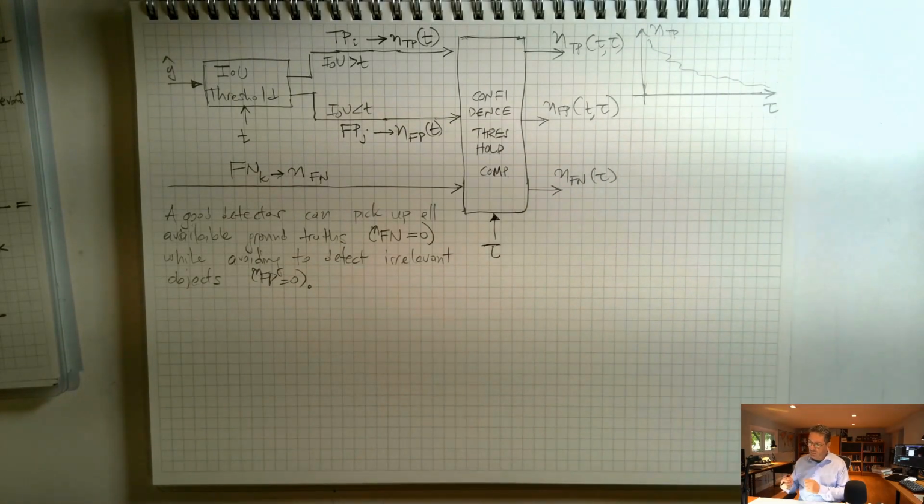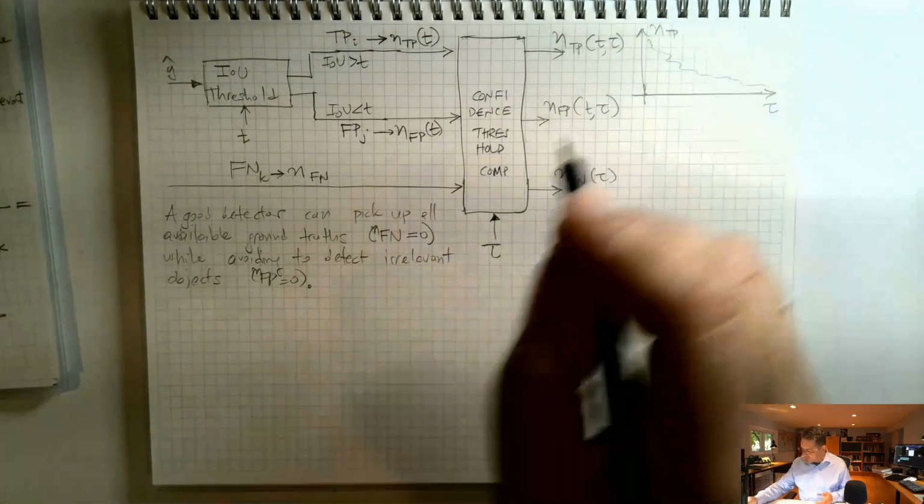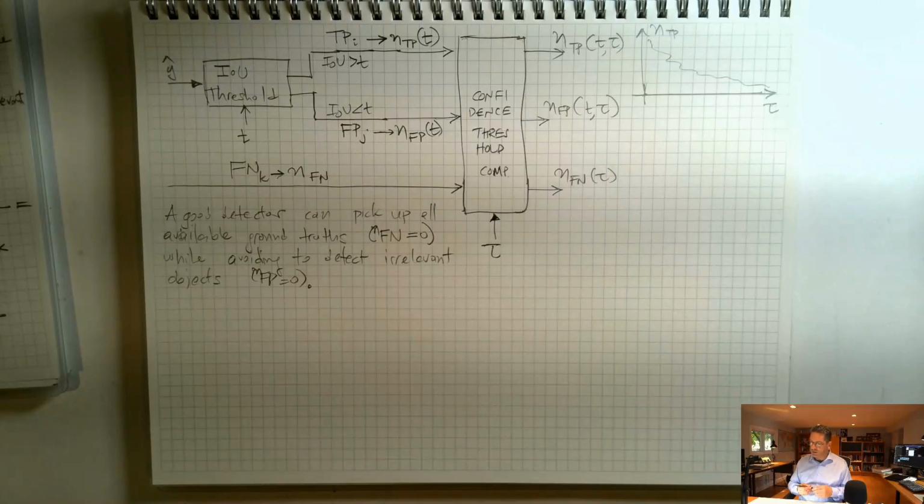So the stricter we become with respect to what we classify as a true positive or not, then obviously the counts of true positives will become lower and lower. That's easy and intuitive to understand.